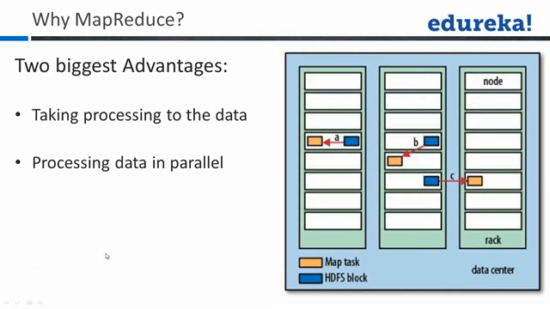See, whether it is a replicated block or not, the same thing will happen. If we do not find the data here, you will go to the replicated block also, right? So don't confuse this with the replication. Whenever you have to do processing on some data, this is the process.